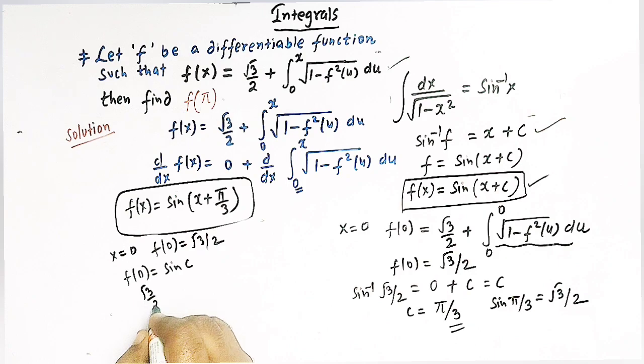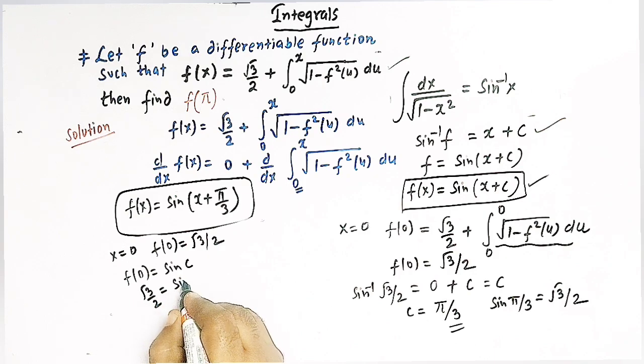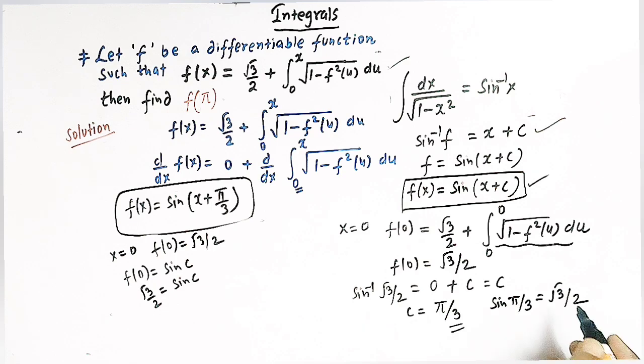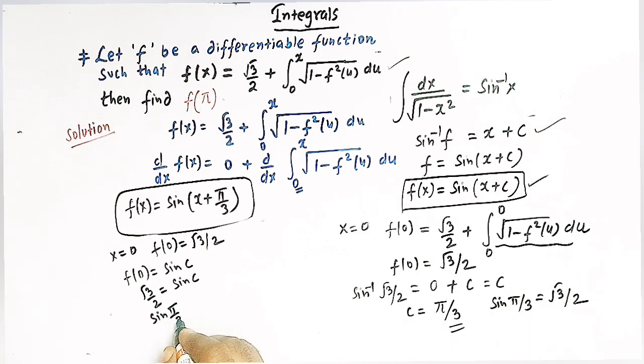So here we have root 3 over 2 is equal to sine c, and root 3 over 2 is equal to sine pi by 3, and we have now this trigonometric equation, sine c is equal to sine pi by 3.